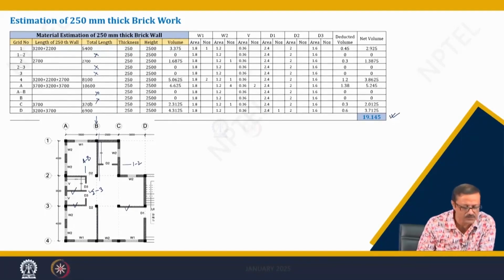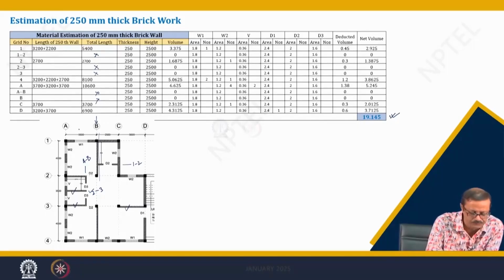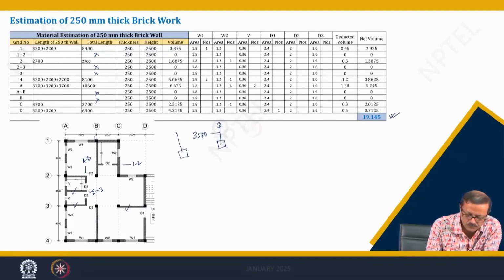And another thing I must tell you, suppose if you take grid number 1. Why is it 3200 and 2200? The brickwork will be from here to here. This is 3500, the entire length from the center line of the column to column.